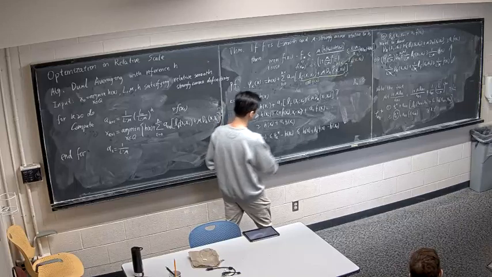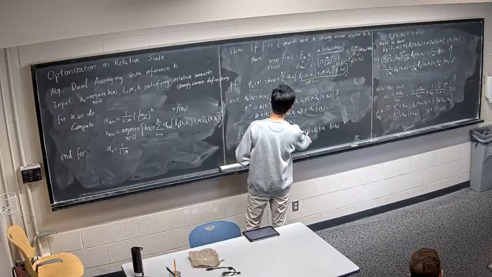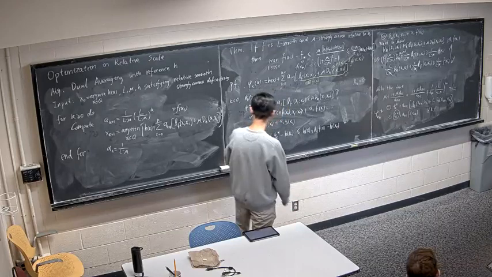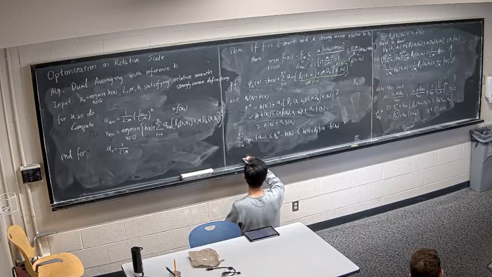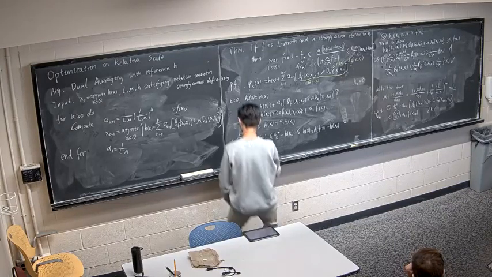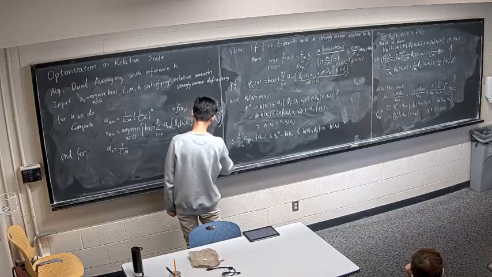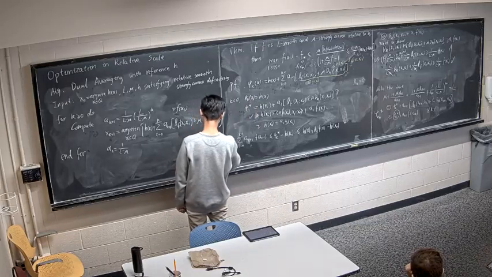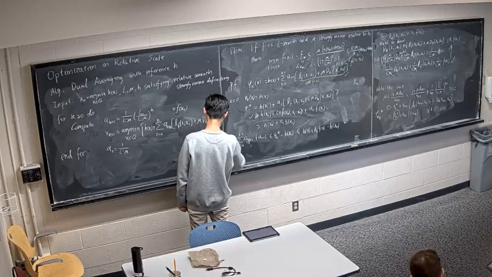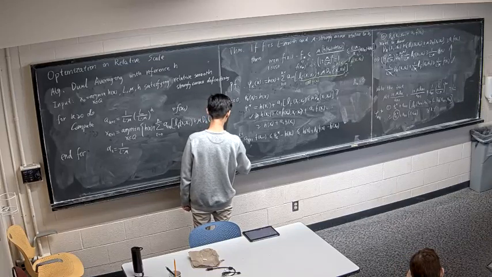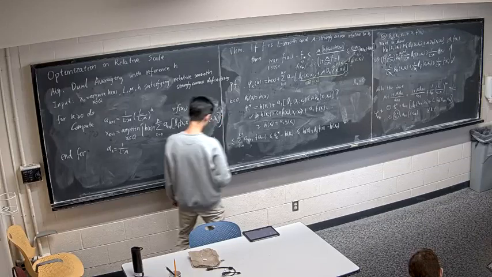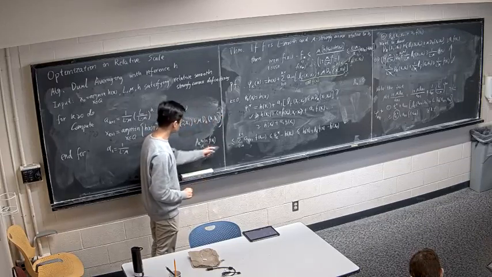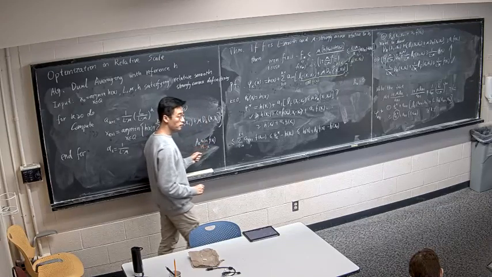And if you take this x to be x star, so this is greater than or equal to A k times the minimum f of x, right? This is greater than or equal to A k times the minimum.